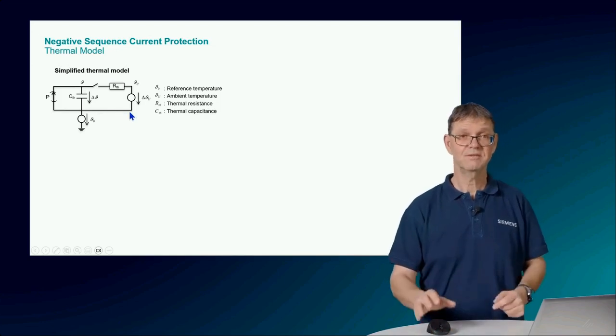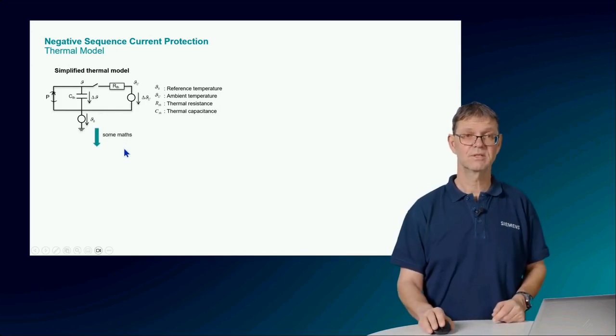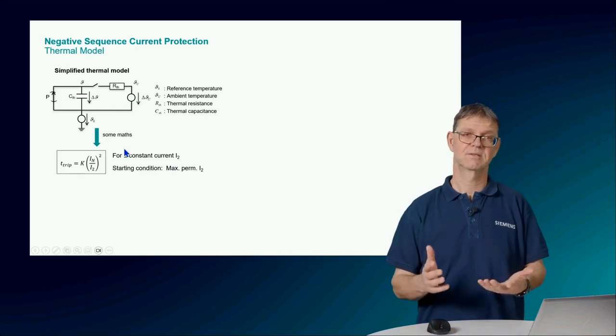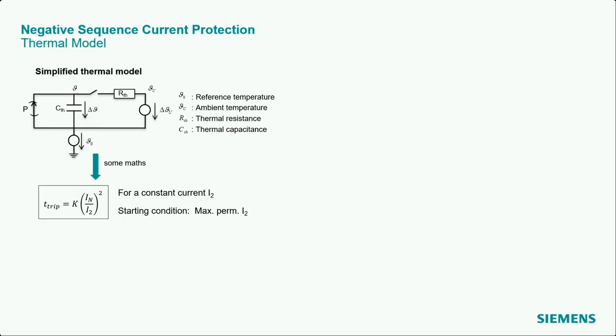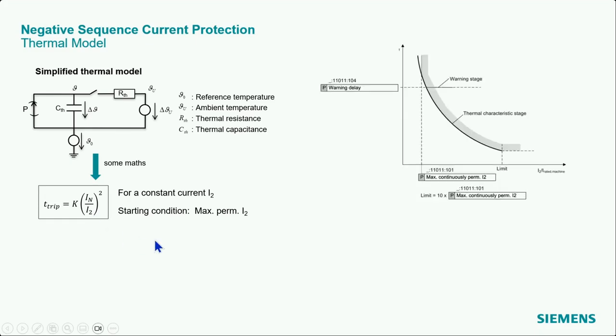Therefore, we need the starting value, and the starting value is, after some maths, okay, I first have here the tripping characteristic. So it's again a relatively simple tripping characteristic. So it's an inverse time square with a negative sequence current, basically. Good. The starting condition is written here.